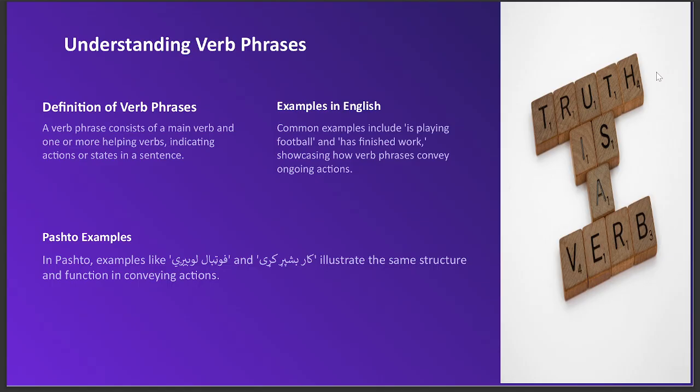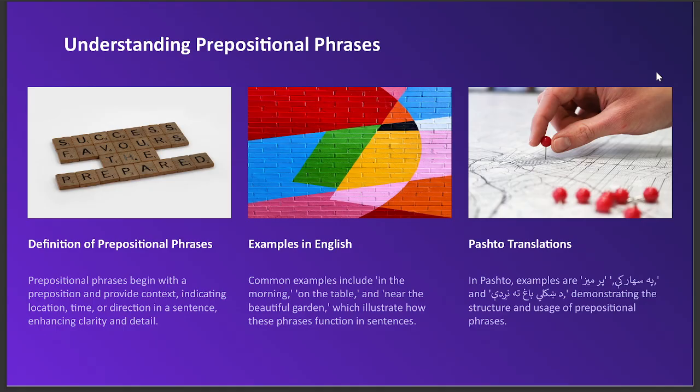This showcases how verb phrases convey ongoing actions. In Pashto, we can translate the above examples as "football kiji" or "football lubi kiji." These examples all give you the same structure and function, conveying ongoing actions.